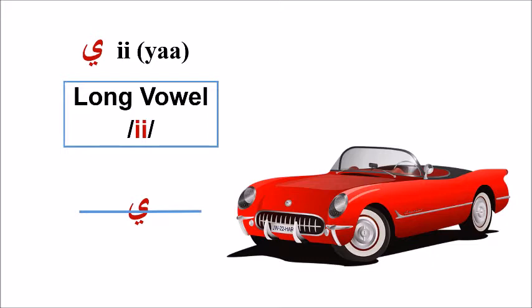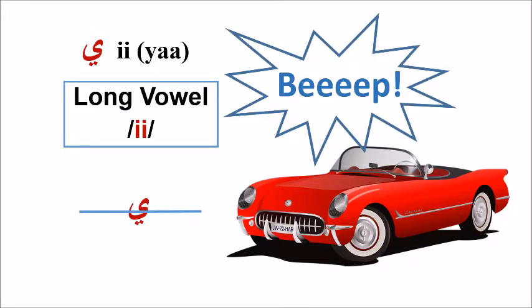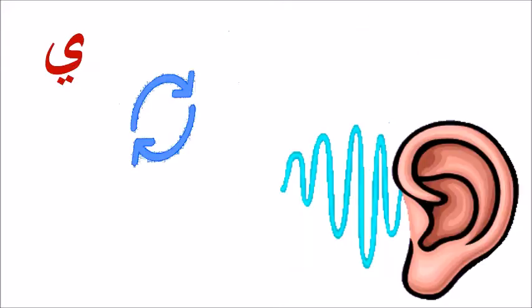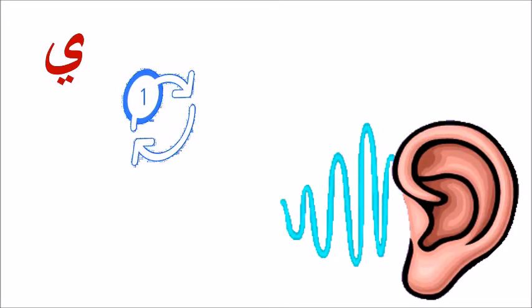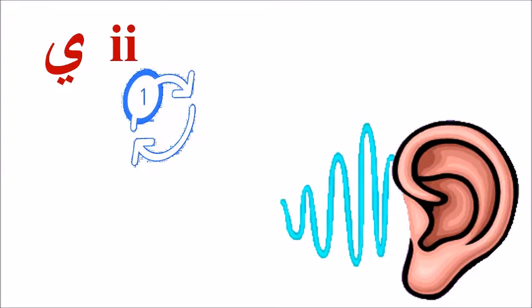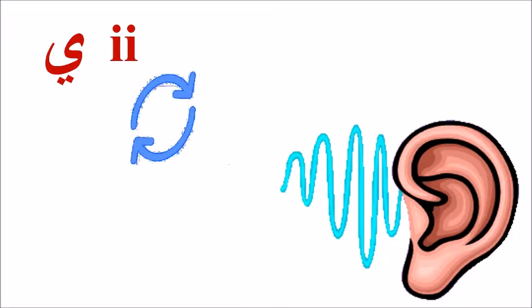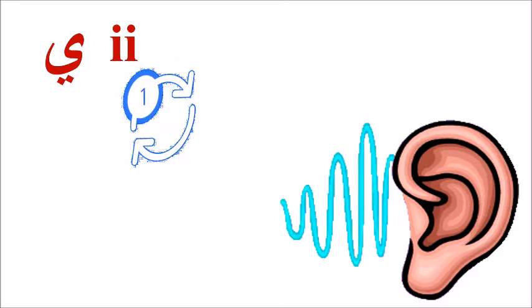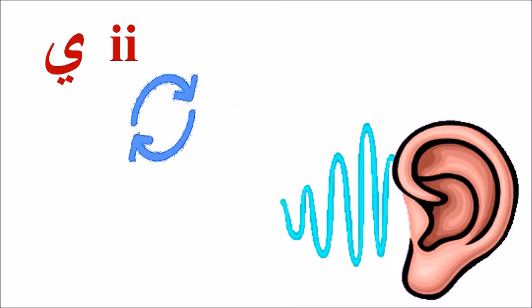Practice by imitating the sound of a honking car horn. Beep. Exaggerate it to focus on hearing and pronouncing vowel length. Listening exercise number 7. Pronouncing E. Listen to the sound of E in the following words and repeat, giving it full length in pronunciation.